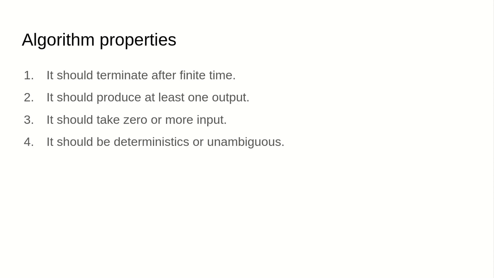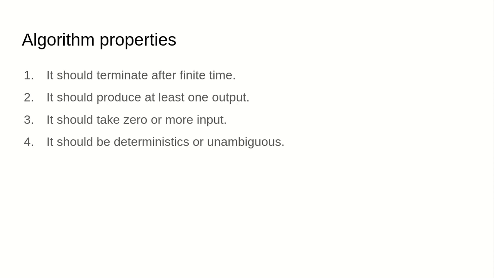In the same manner, an algorithm should be deterministic, so that its output is the same when we give the same input, and the algorithm should be unambiguous. Unambiguous means the same output should not be produced for different inputs.